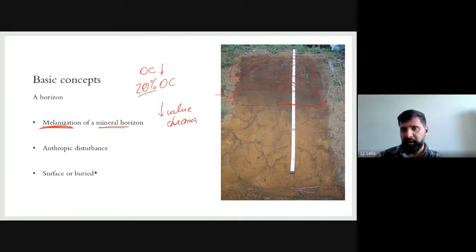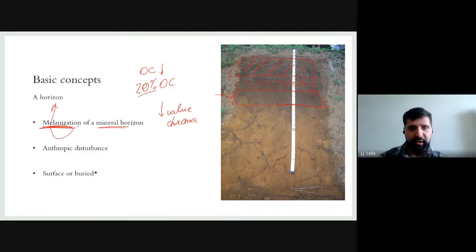And why is this horizon dark? It's because the organic matter has been decomposed. The decomposition of organic matter is giving the color to this horizon. It's getting darker and darker and darker, okay? So if I identify a dark mineral horizon, I can identify an A horizon.